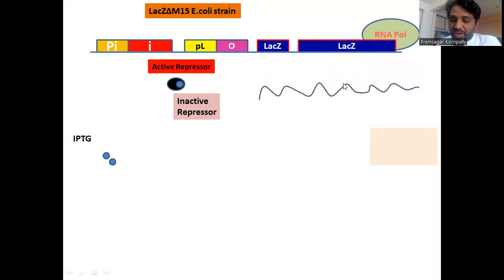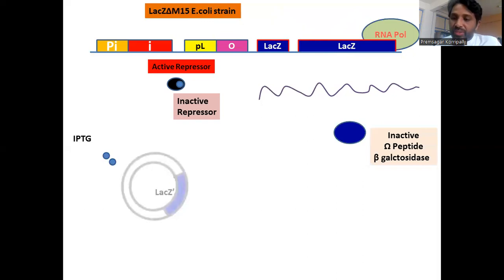The lacZ mRNA is translated and produces a protein, the inactive omega peptide of beta-galactosidase. As you all know, the E. coli strain has only the omega peptide-encoding lacZ region. The alpha region is present in the vector, right?